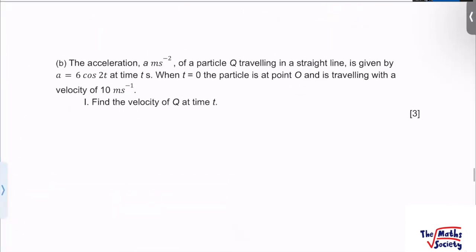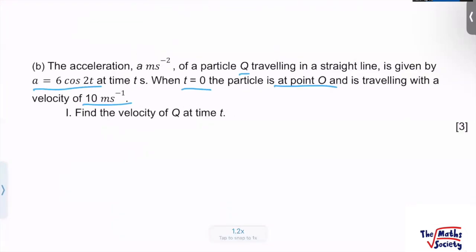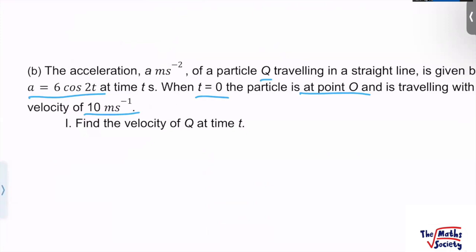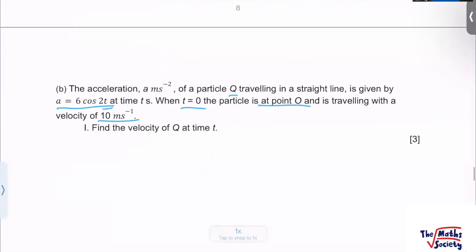It says that the acceleration a in meters per second squared of a particle Q traveling in a straight line is given by this. At t equals 0, the particle will travel with a velocity of 10 meters per second. Find the velocity of Q at time t. So first we want to integrate this. So v equals 6 over 2 sine 2t plus C. We're just integrating it.